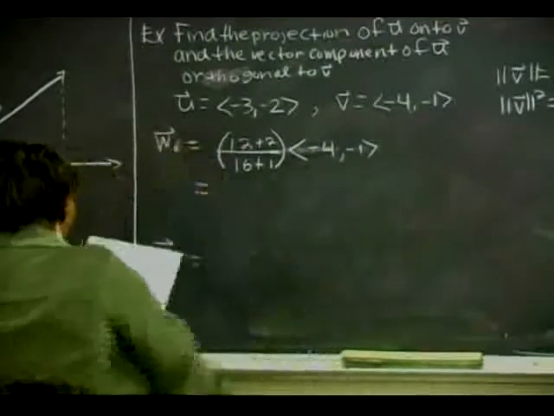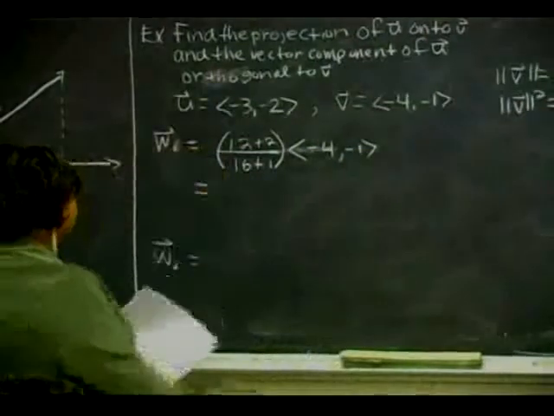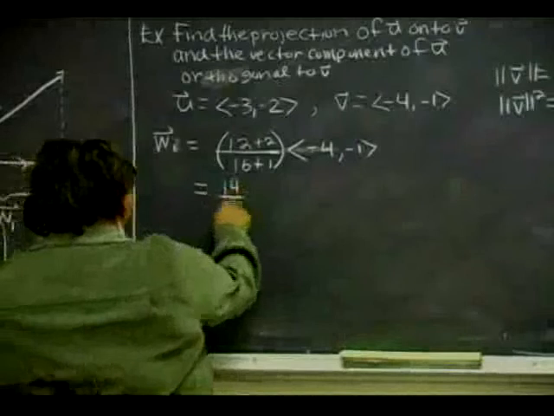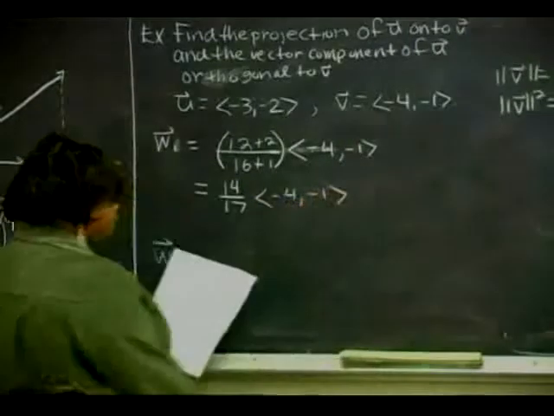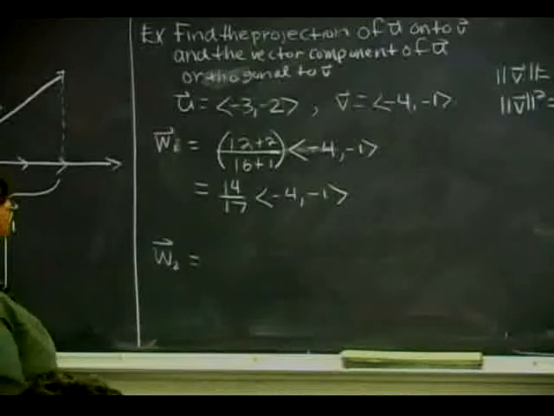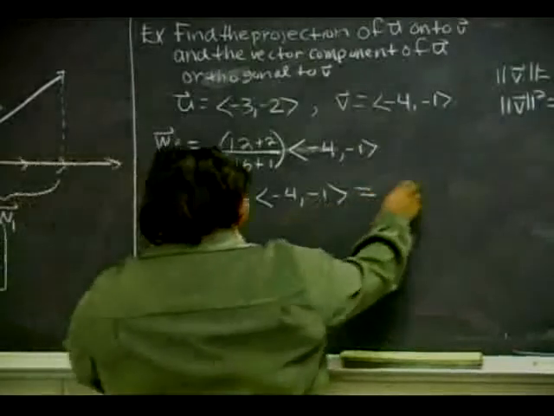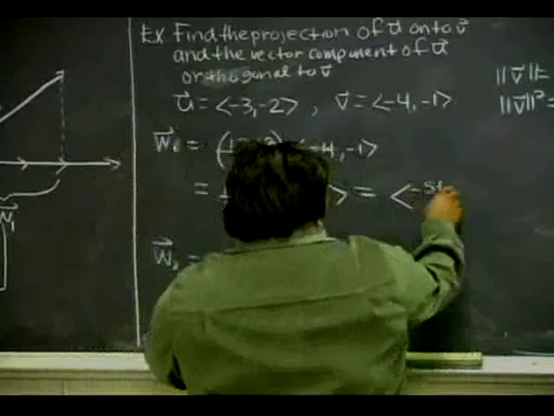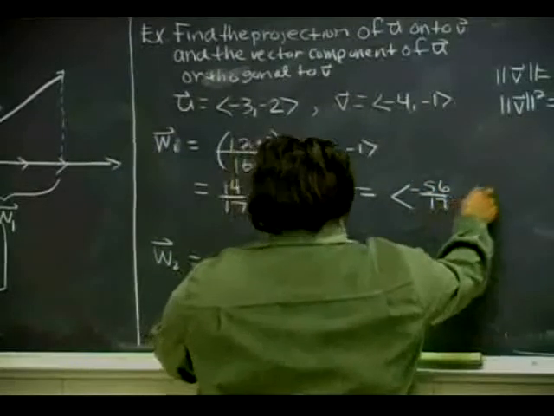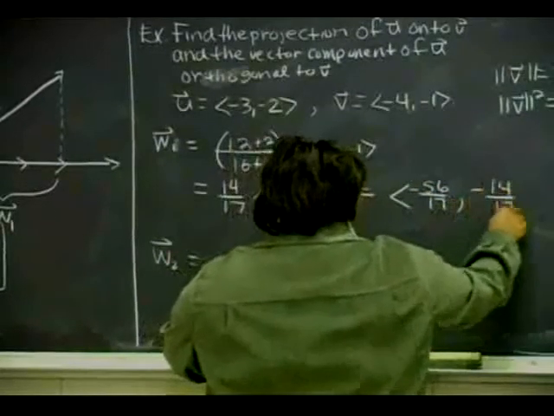So what do I have essentially? I have 14 over 17 times this vector -4, -1. If I multiply 14 times -4, I get -56 over 17 and -14 over 17.